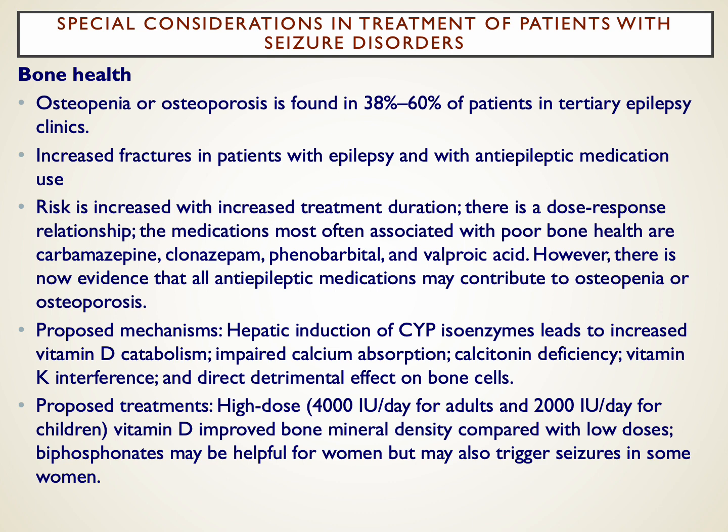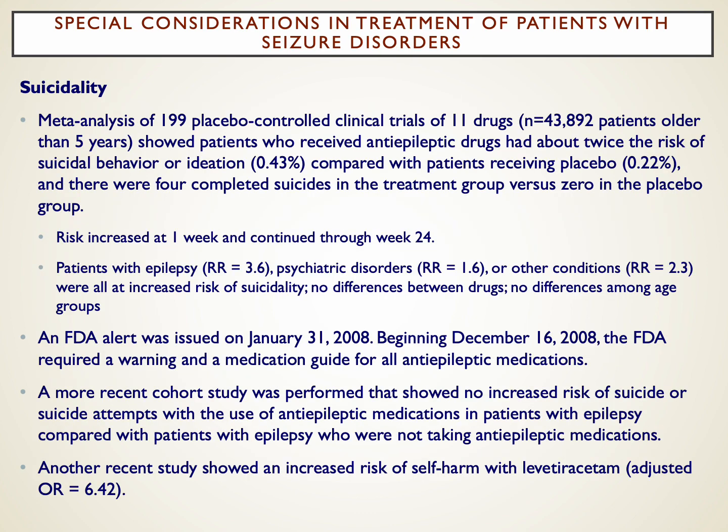You want to consider the potential for suicidality with antiepileptic drugs. This is less clear for what the risk is with the antiepileptic drugs than it is with some of the antidepressant drugs. But there might be some risks associated there.